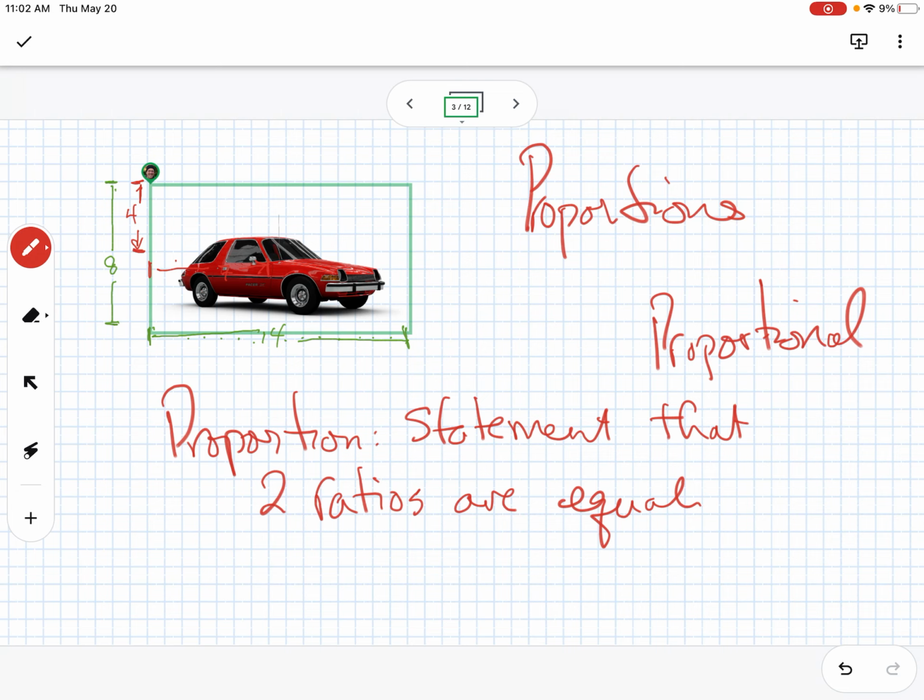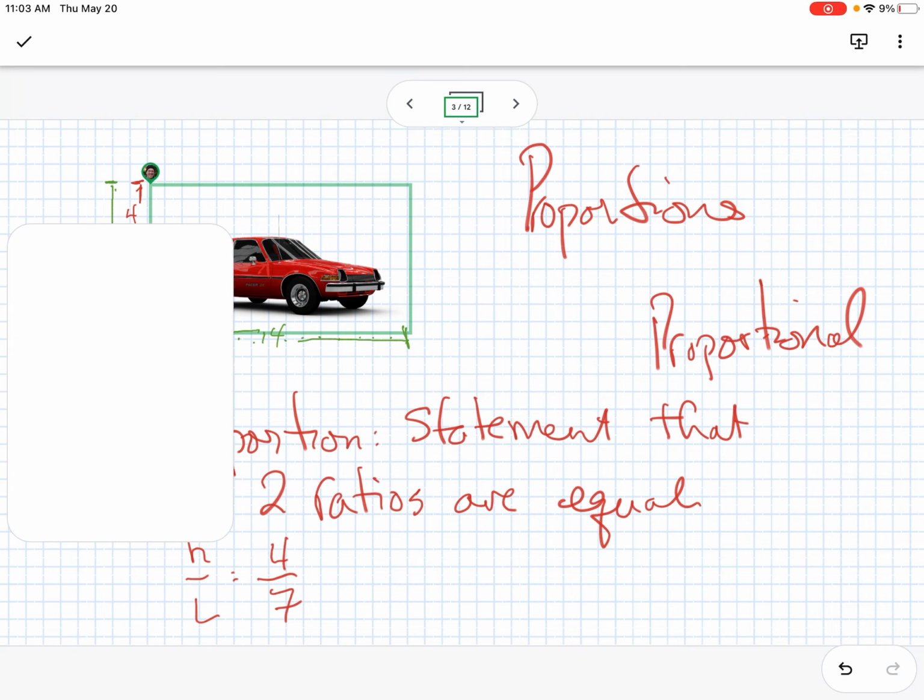So in this case, the beginning ratio of the Pacer was a height of 4 compared to a length of 7. So what I'm doing right here with the H over the L is making it clear what I'm comparing. I'm comparing the height to the length. So that means that the top of this ratio must be talking about height, bottom of this ratio must be talking about length. Let's carry on.